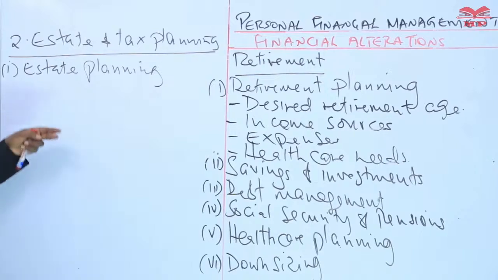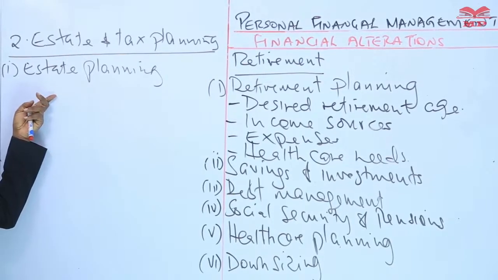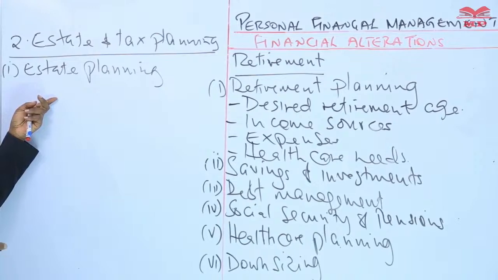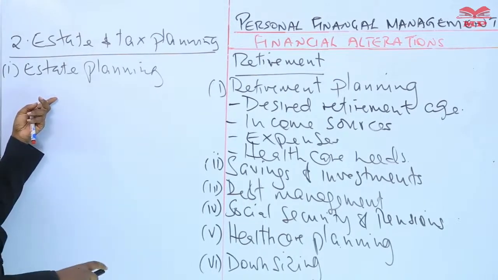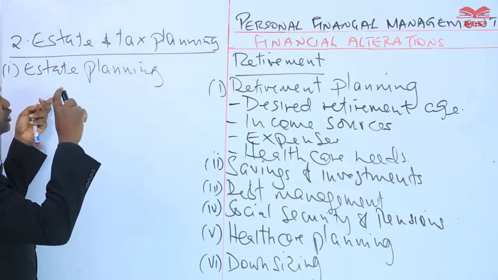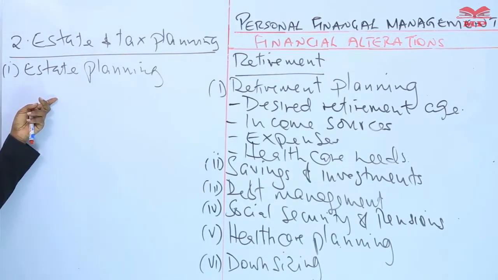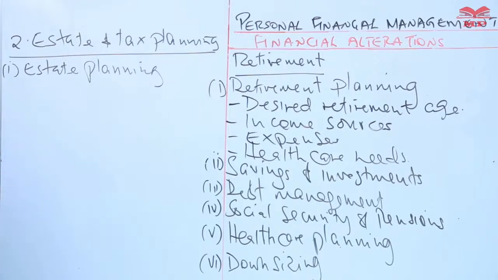In estate planning, one may need to create a will or trust to distribute one's assets after death according to one's wishes or according to one's desires or will. That's estate planning. Have a will in place to help distribute assets after death.